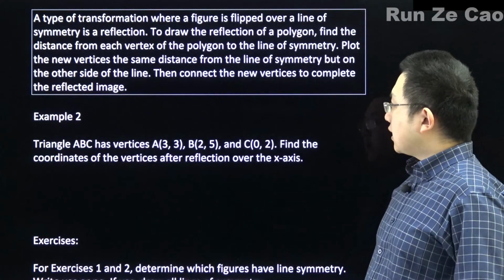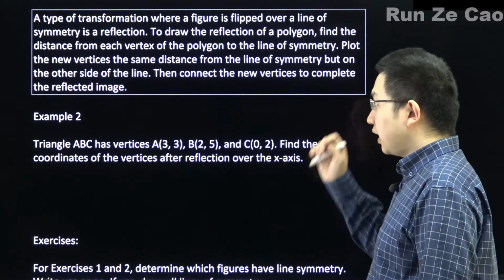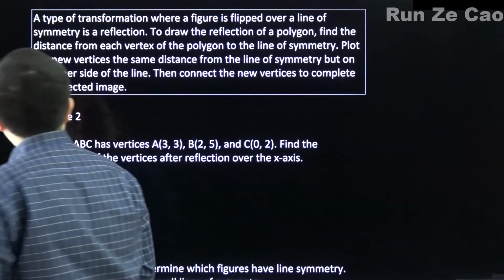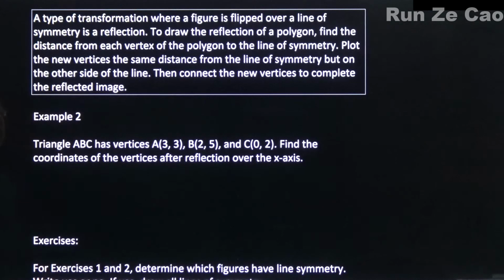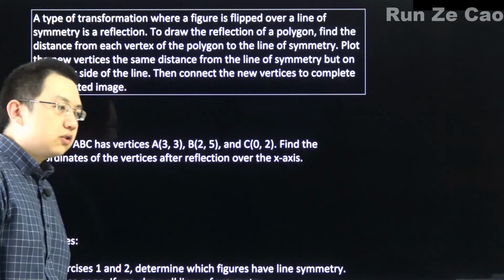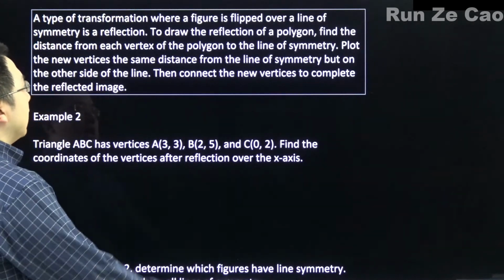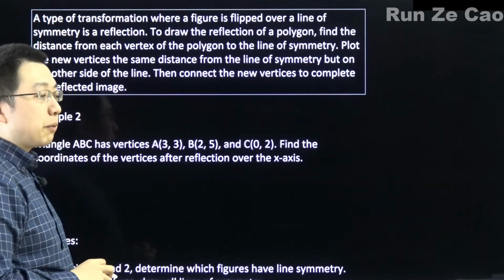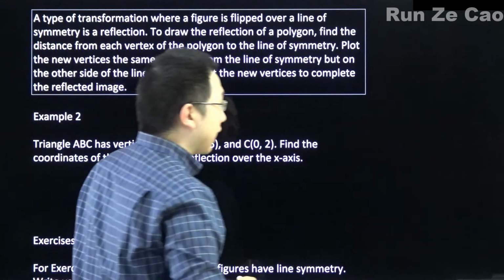A type of transformation where you flip a figure over a line of symmetry is a reflection. And if you want to draw the reflection of a polygon, you find the distance from each vertex to the line of symmetry. The distance to the line of symmetry means perpendicular distance, i.e. right angle.